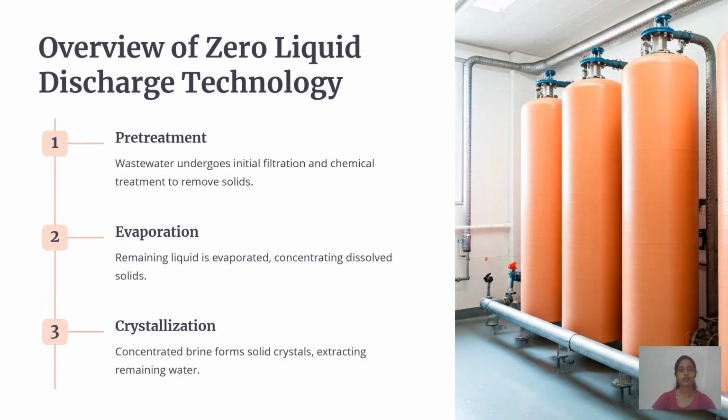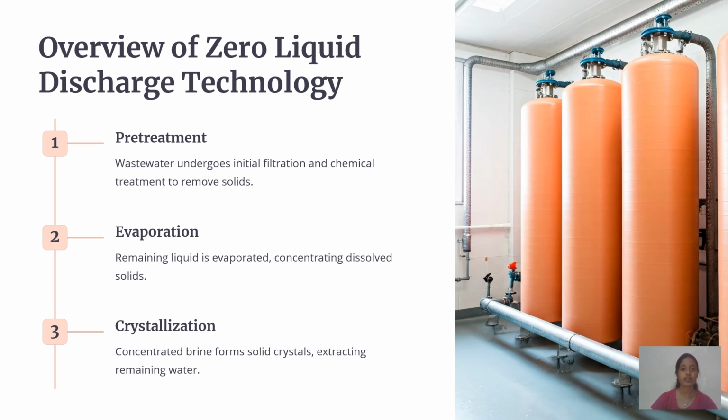So next let us see what is zero liquid discharge technology. So this ZLD technology is a water treatment process. So this process will eliminate the liquid waste discharge. So it will recover the proper water, leaving only the solid waste for disposal. So this process is used in industries where wastewater discharge can harm the environment, such as activities like mining or energy and chemicals.